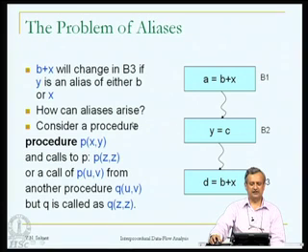How can aliases arise? So, let us consider a procedure. There is, let us say, a procedure p(x, y), and then there is a call to p such as p(z, z). Okay. So, the same parameter z is passed twice for both x and y, or it could be a call p(u, v) from another procedure q(u, v), but q is called as q(z, z).